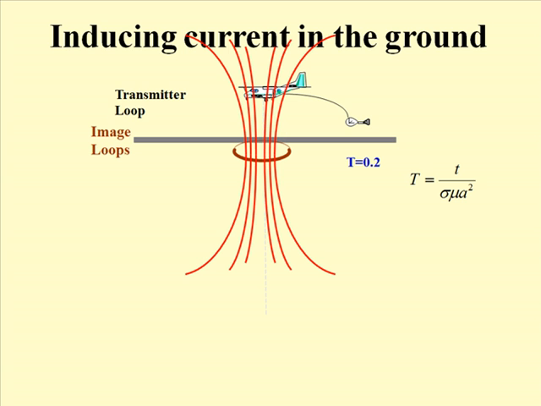The energy in that current flowing in the ground is also changed into heat, and so the amplitude of the current will decrease. As the amplitude of the current decreases, the amplitude of the magnetic field associated with it decreases as well. So that means that magnetic field has to vary as a function of time.